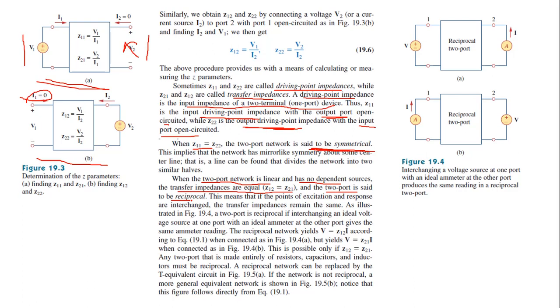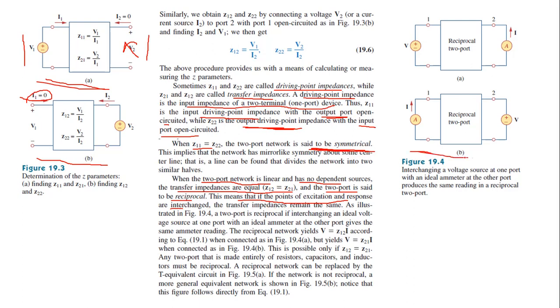The first condition is it should be linear, the second condition is no dependent source, and the third condition is that the transfer impedances are equal. What does this mean? This means that if the point of excitation and response are interchanged, the transfer impedance remains the same.